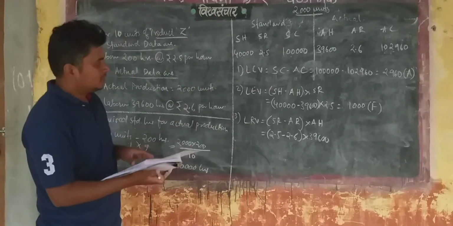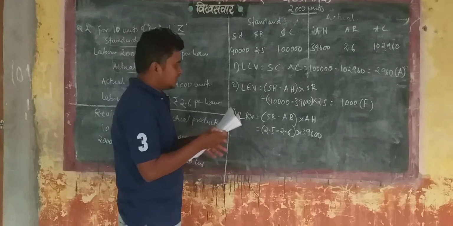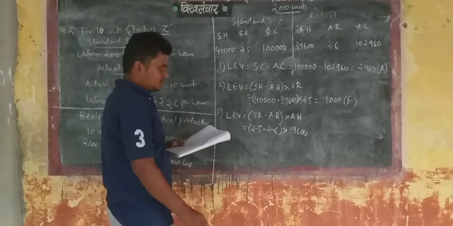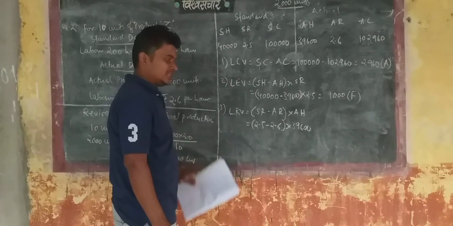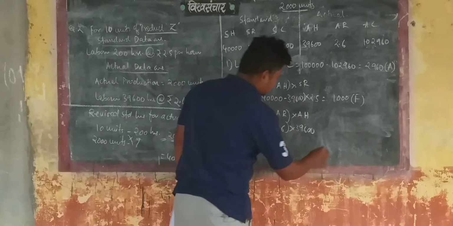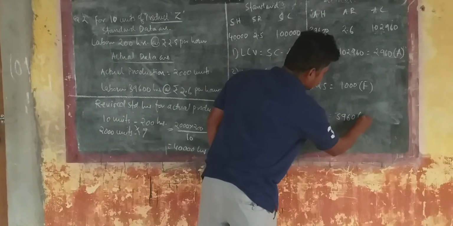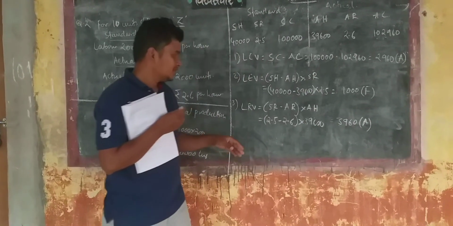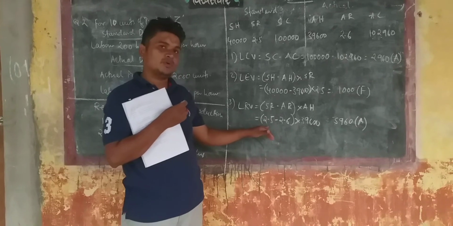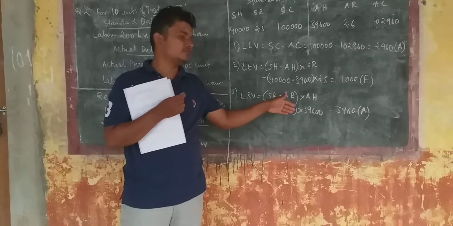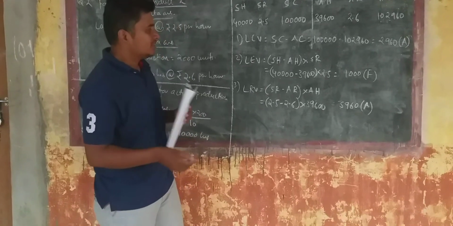So the calculation is 2.5 minus 2.6, 0.1. 0.1 into 39,600 is 3960, and this variance is adverse. Why adverse? Because standard rate is 2.5 and actual rate we have paid is 2.6. That means 0.1 we paid extra. That's why the variance is adverse.